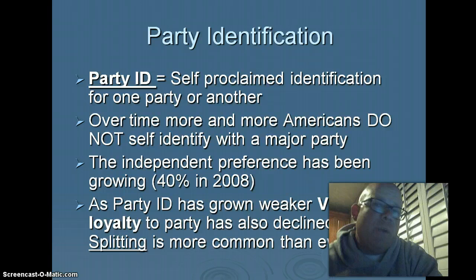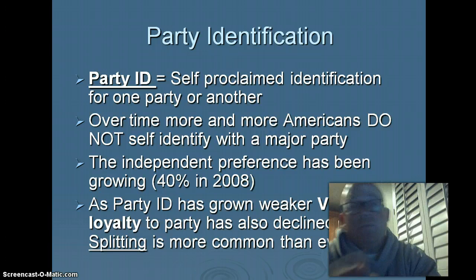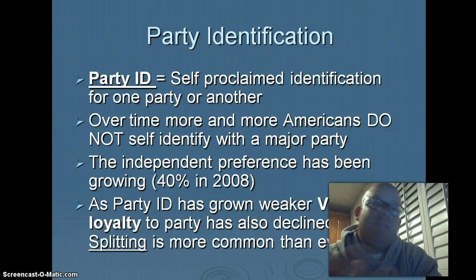All right, as party identification has weakened, voter loyalty has also declined, which means people aren't like they used to be. If you go back to the 1940s, 50s, and 60s, if you said, hey, I'm a Democrat, you were going to vote for Democrats. If you said, I'm a Republican, you were going to vote for Republican candidates. In the past, if you self-identified as a Republican, for example, you would vote what was called a straight ticket.